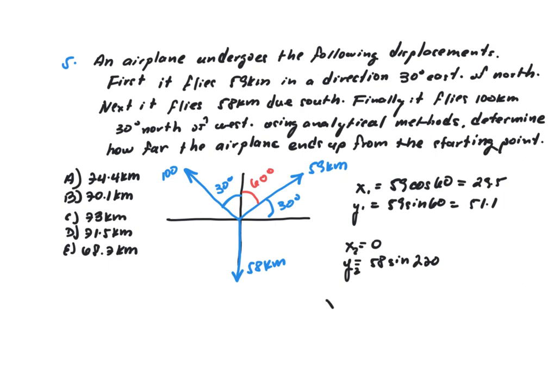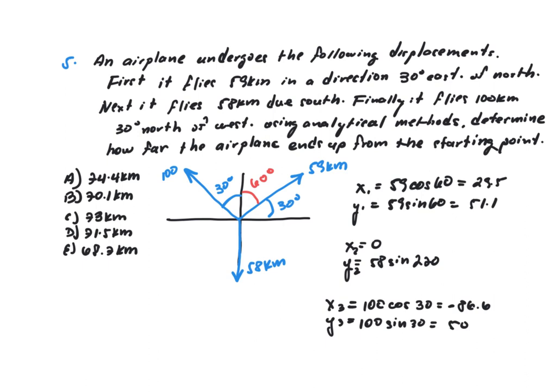For x3 and y3, we know that it's 100 cosine of 30, then 100 sine of 30. When we do this, we get negative 86.6, then we get 50.